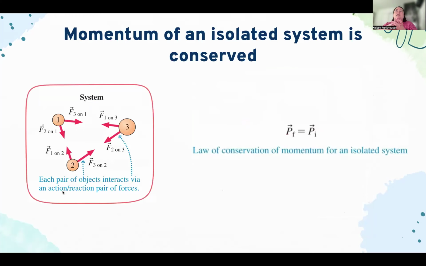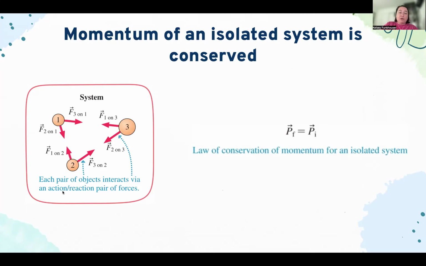And so, though, the momentum of an isolated system, as in one that doesn't experience external forces like these, that momentum of an isolated system is conserved. And this works just like conservation of energy.